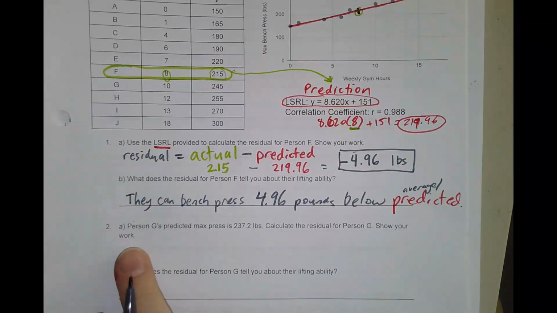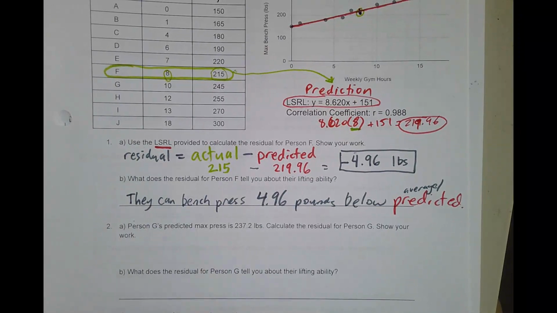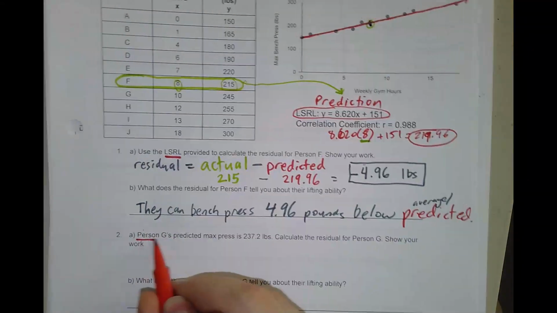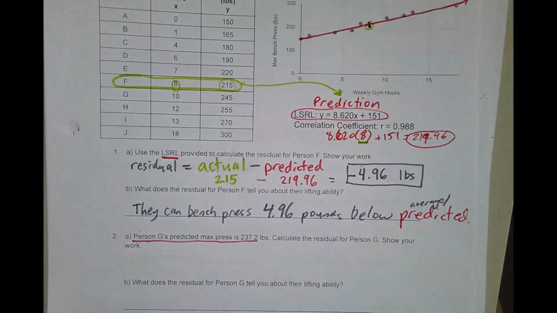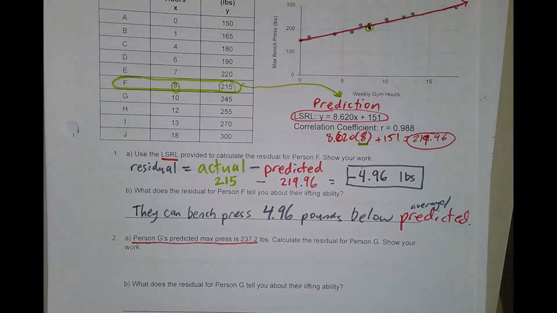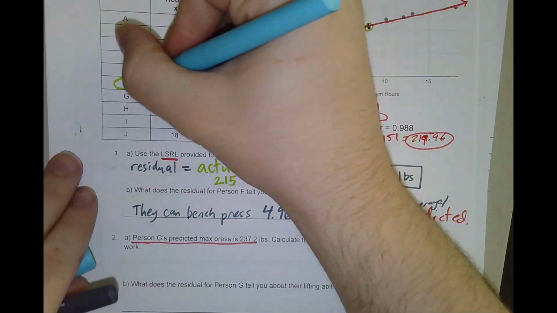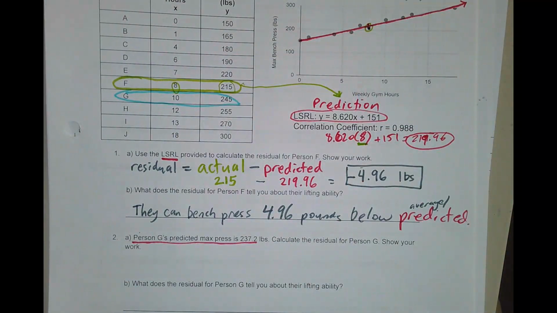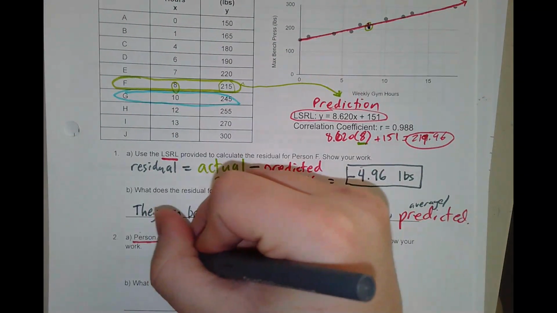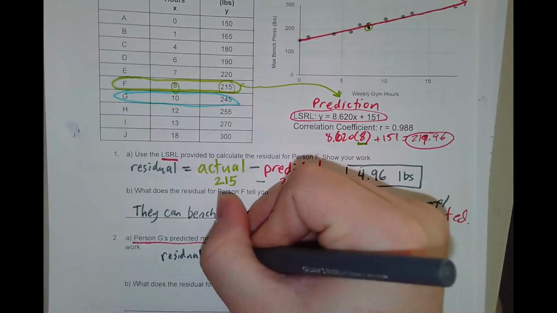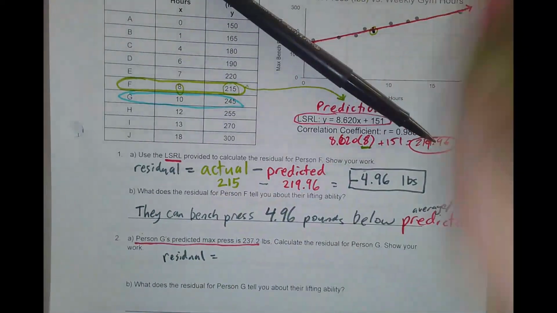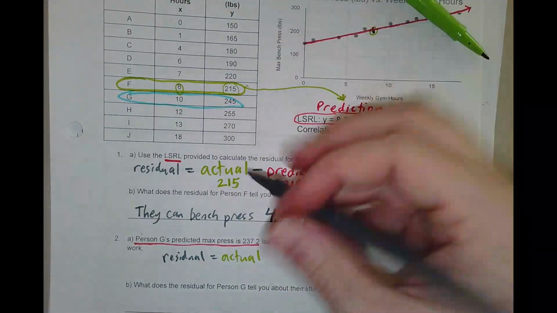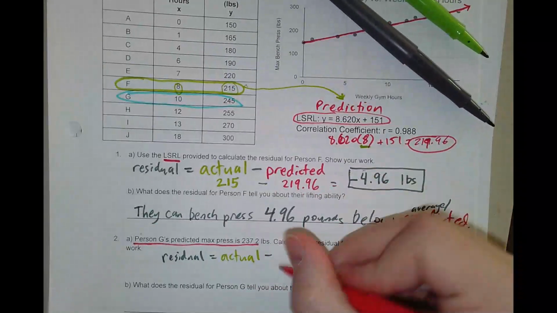For number 2, person G's predicted max bench press is 237.2. This one's already done for us. I'm going to use the color blue here. For person G, we're going to write this down as residual equals, same thing here, actual minus predicted.